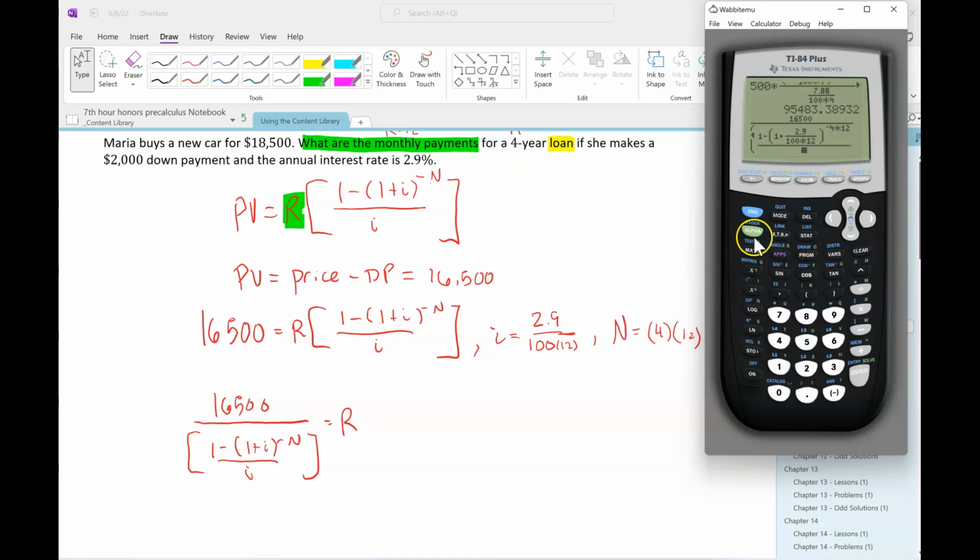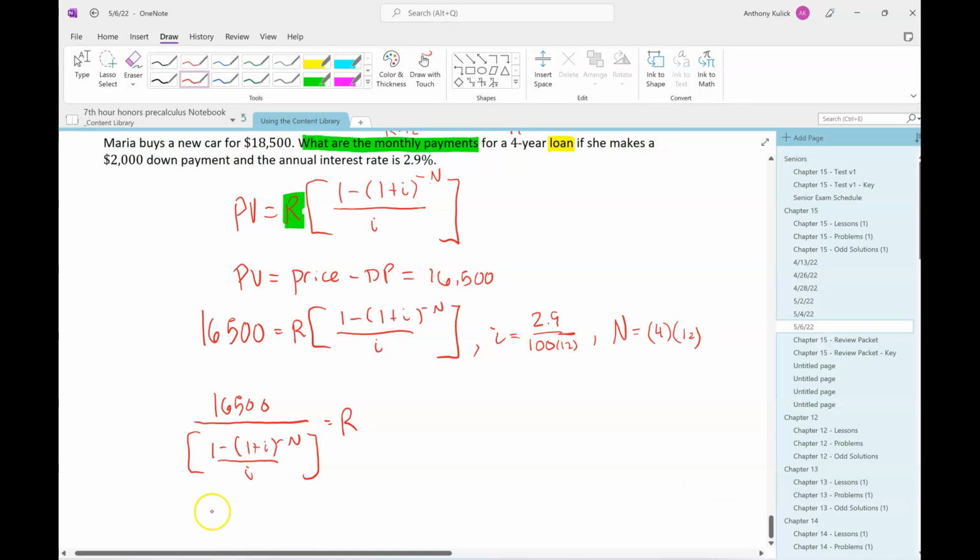And then in the denominator of that fraction, I'm going to have another fraction. Who is sick of the fractions here? So when I do that, my monthly payment would be $364.49.